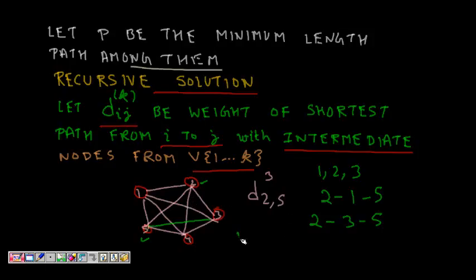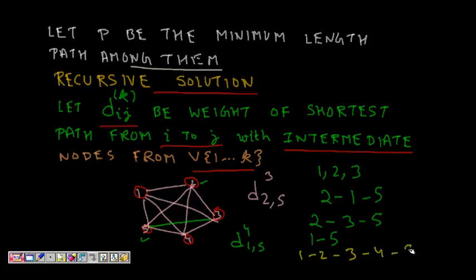Similarly, if it is 1, 5 using 4, so 1 to 4 nodes, I can directly have 1 to 5. So I will write all the possible solutions. Because I can use till 4 nodes, from 1 to 2 I can go 2 to 3, and I can use the 3 to 4 and then 5.